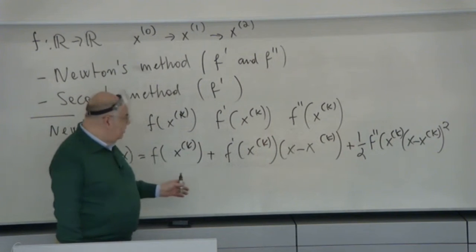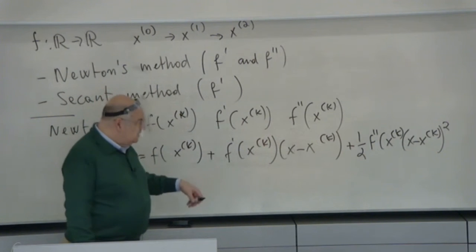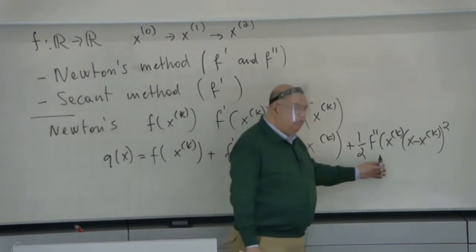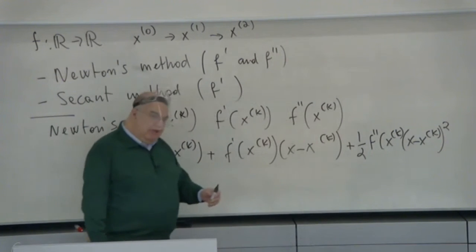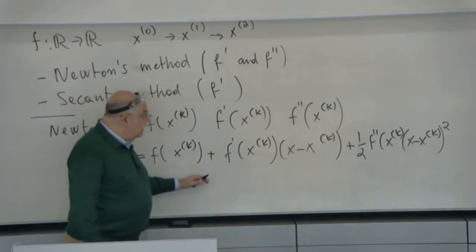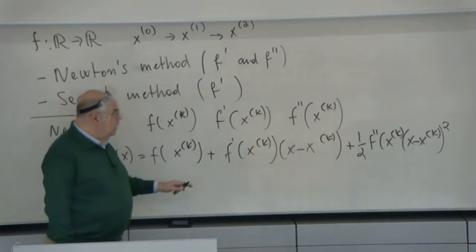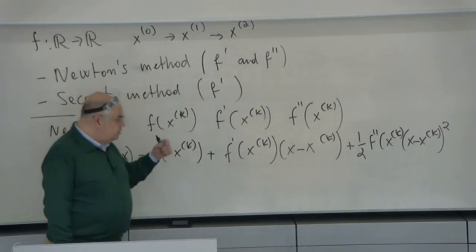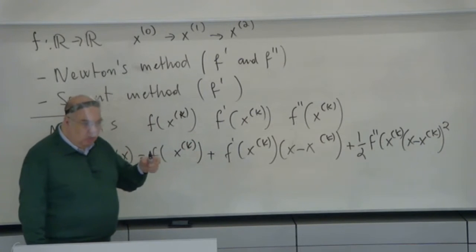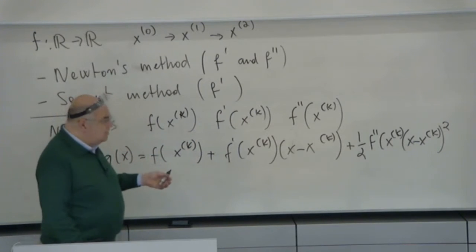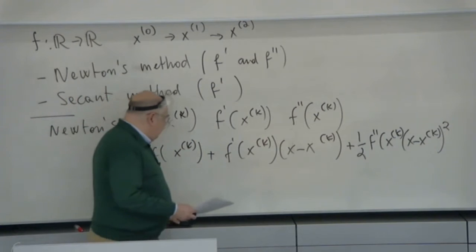And the second derivative of q at xk equals the second derivative of f at xk, which means the parabola and the original function have not just the value, but also the value of the derivative and of the second derivative in common at xk. So this is a good approximation.